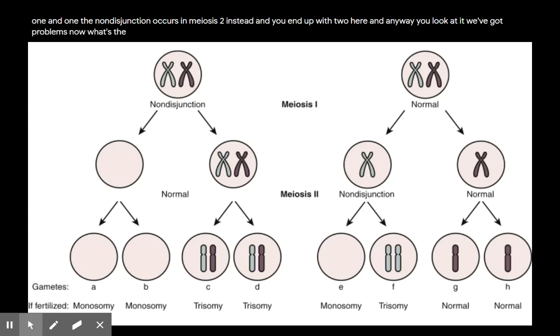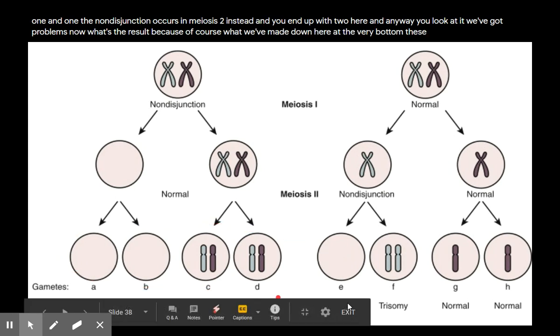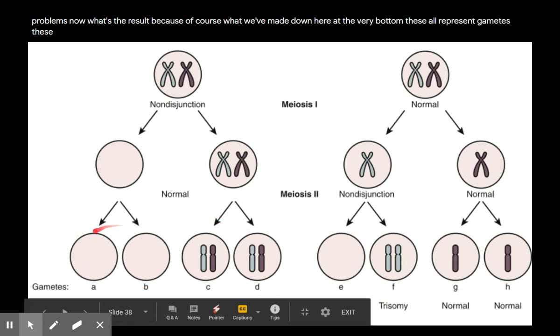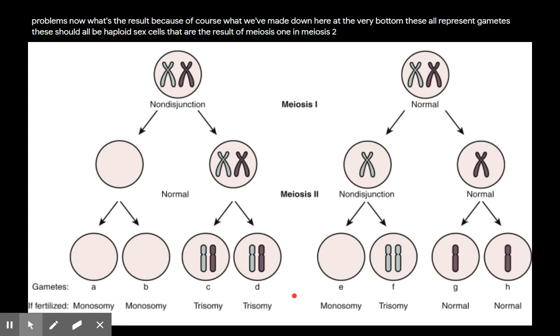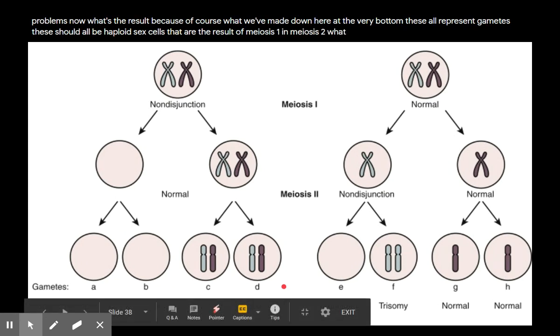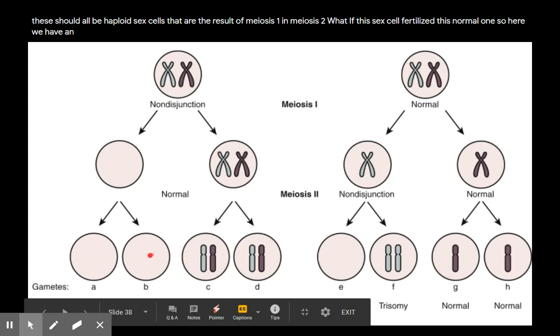Now, what's the result? Because, of course, what we've made down here at the very bottom, these all represent gametes. These should all be haploid sex cells that are the result of meiosis 1 and meiosis 2. What if this sex cell fertilized this normal one? So here we have an abnormal, here we have a normal.